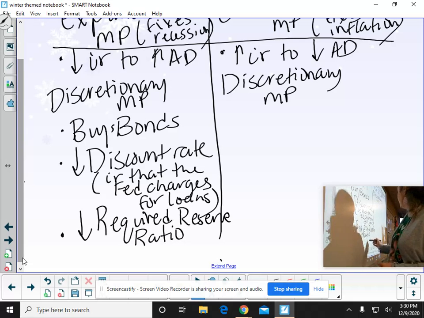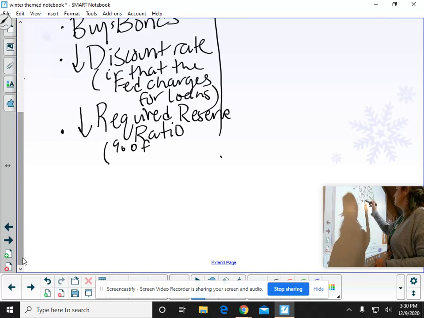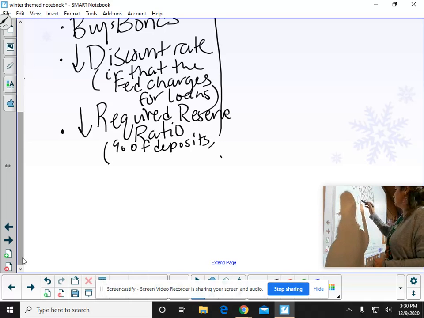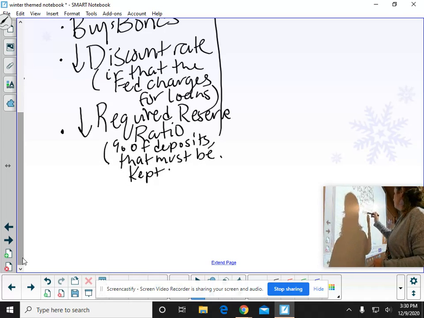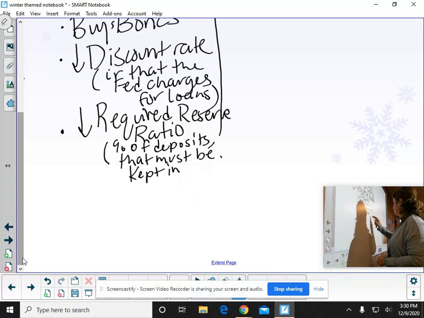The required reserve ratio is a percent of deposits that must be kept in reserves.